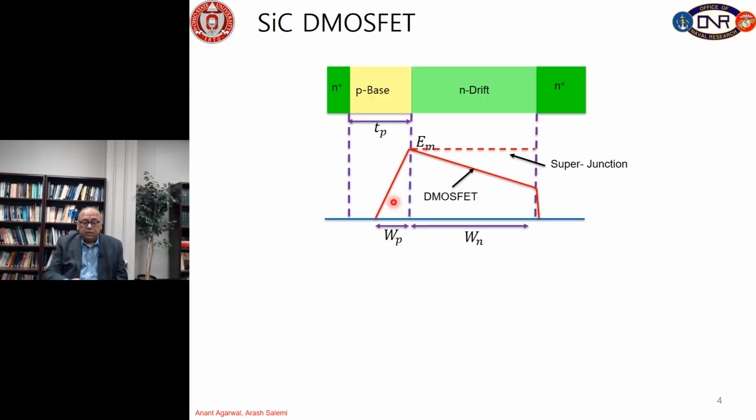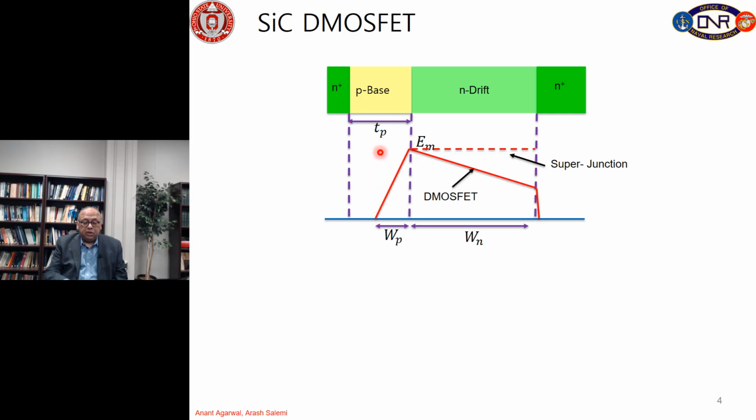under the blocking state, that PN junction is reverse biased. The electric field is maximum at the junction of the P with N drift layer, and then the electric field is reduced linearly till it hits the N plus region, and then the electric field rapidly reduces to 0, and same thing on the P base side, the electric field goes to 0.